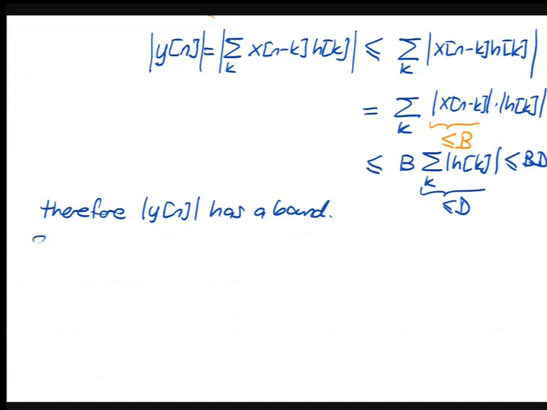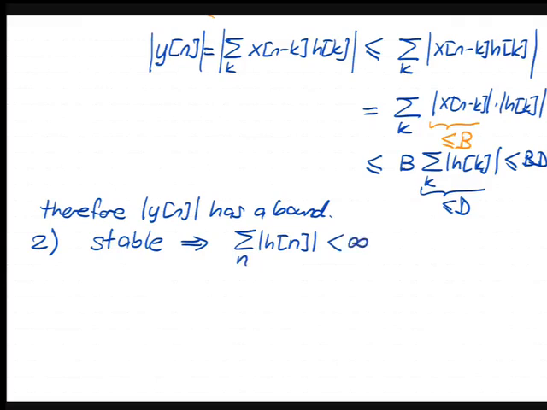Okay, part 2 of the proof is the other direction, where stable implies the sum of h of n over n is bounded.